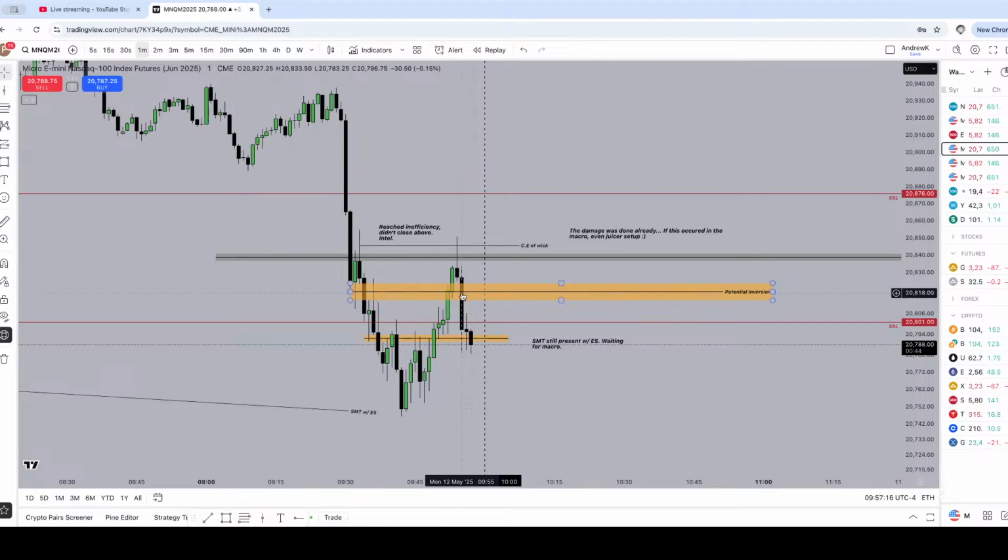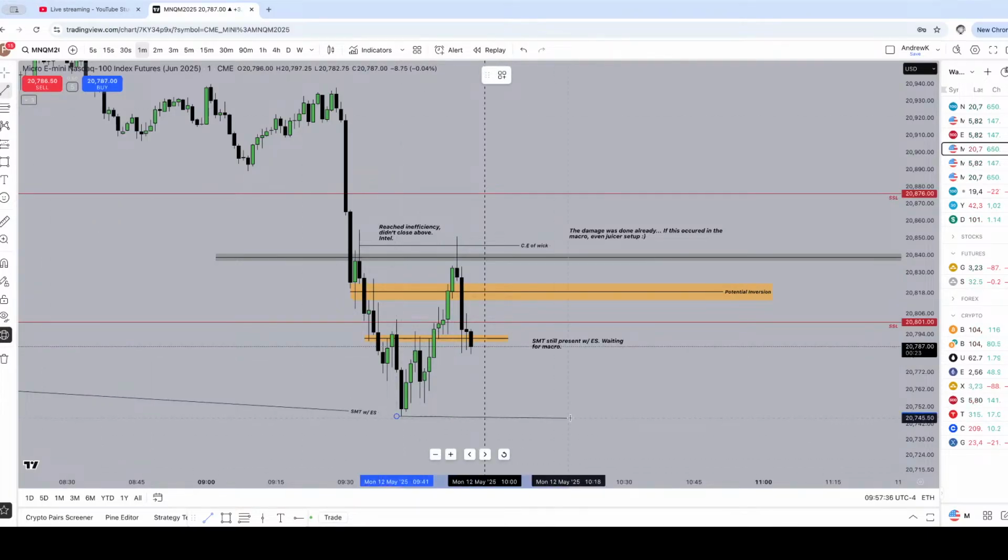If you took this inversion, you needed to wait. Why? Because look at the candle, it just sliced right through it. What does that tell you? And then you note how it closes above here and here. Now you want to see if it gets higher. It's respecting it so far, but you still have these relatively equal lows here.